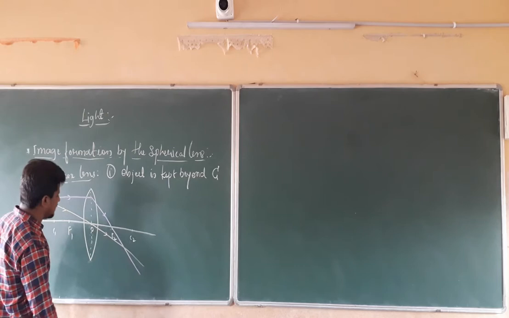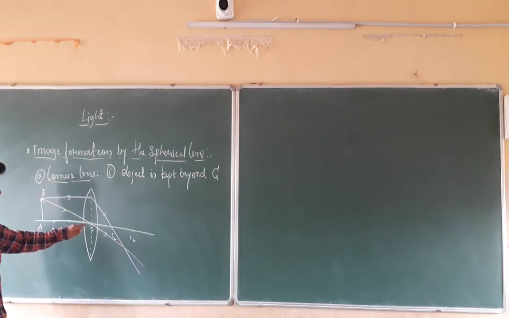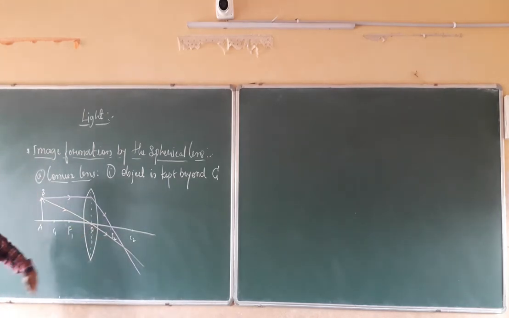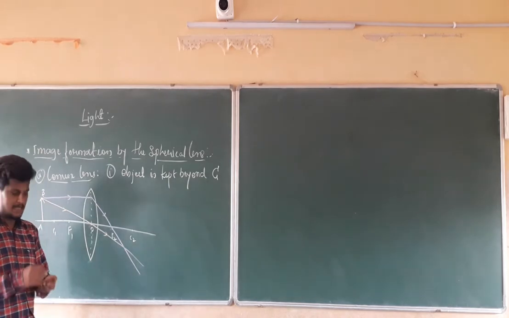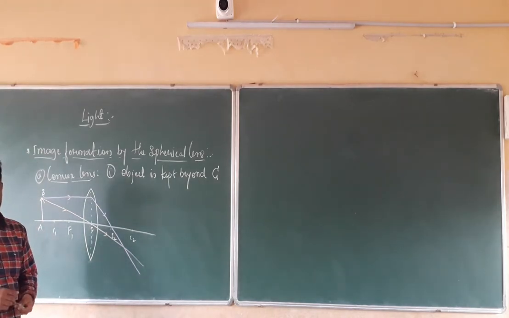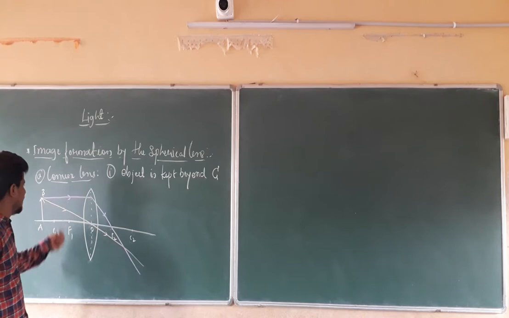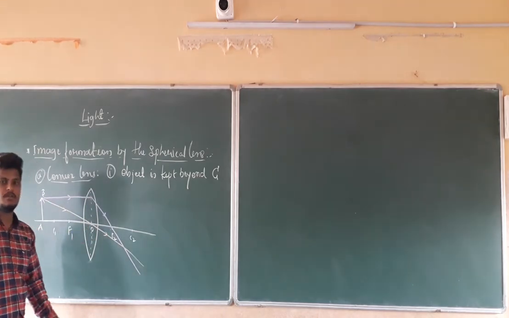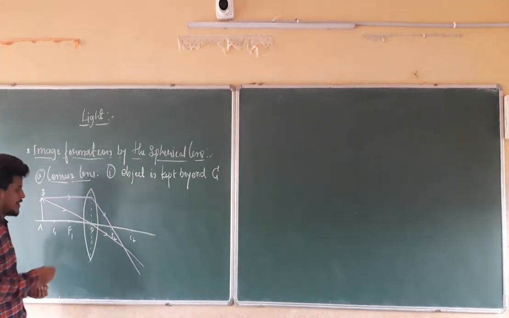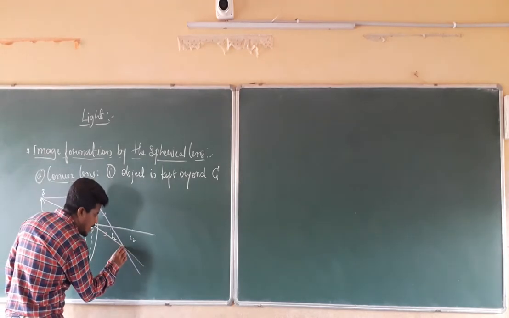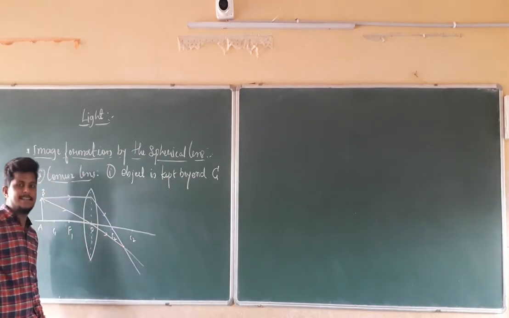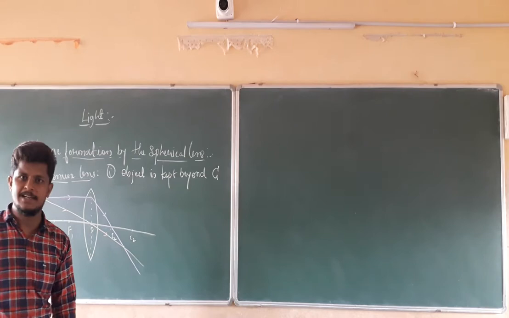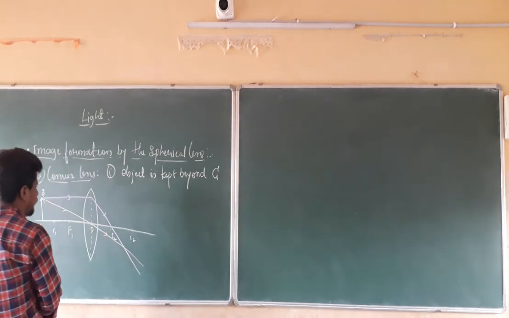If you remember the previous class, the light ray passing through the optic center does not change its direction, its path. There will be no refraction. In this manner, the light ray is going to pass. When you check the point where both the light rays are intersecting, there the image is going to form.